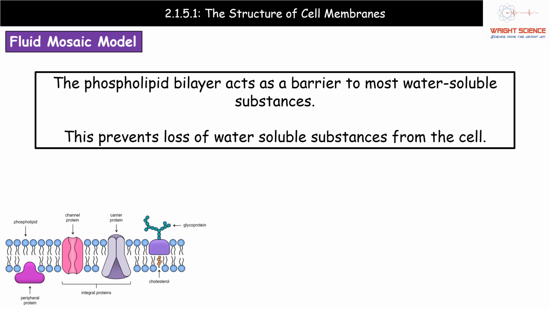And therefore, we don't really want it leaking all of these useful substances to the surroundings. We want to keep them inside the cell for the cell to actually utilise. Therefore, by making the actual surrounding of our cell, that cell surface membrane or plasma membrane, out of something that acts as a barrier to these water-soluble substances, it does that. It reduces that loss.